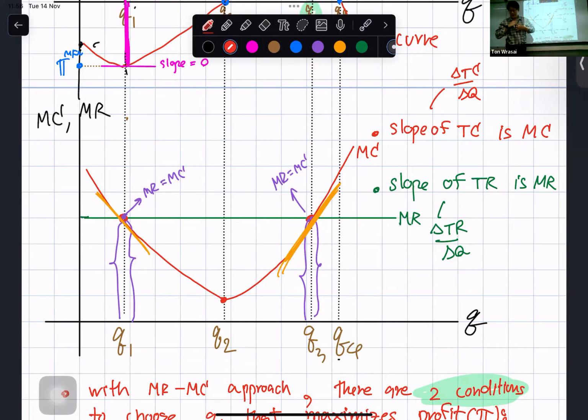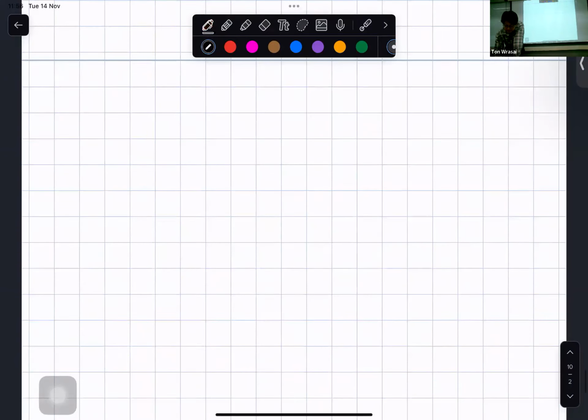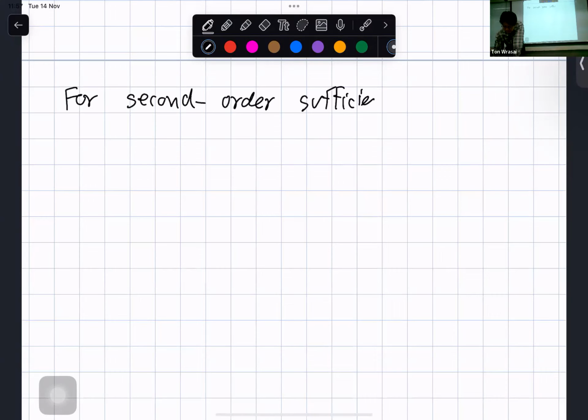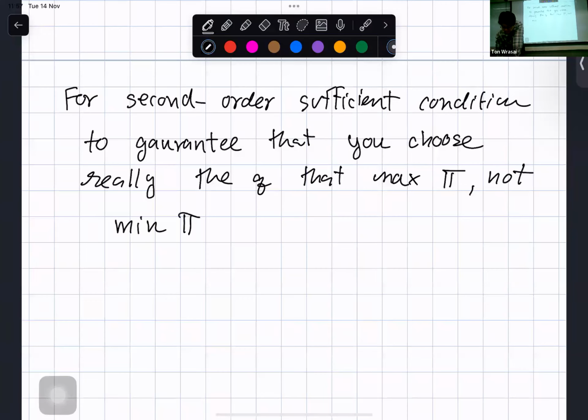Now, mathematically, for the second order sufficient condition to guarantee that you choose really the Q that maximizes pi, not minimizes.